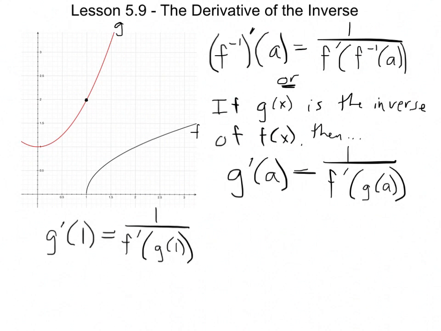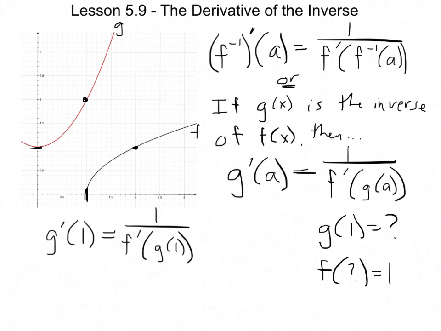When we use an input of 1 in the inverse, that's the same as getting an output of 1 on the original function. So saying g of 1 is effectively the same as asking f of what would give me 1. That's what it means to be an inverse.